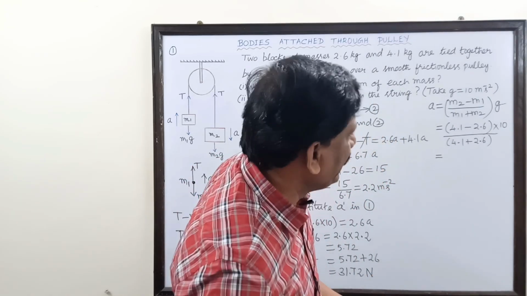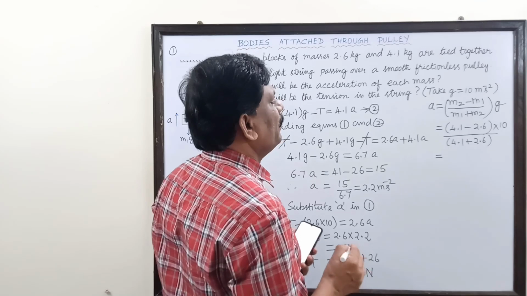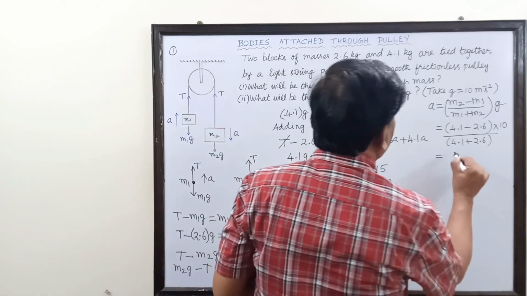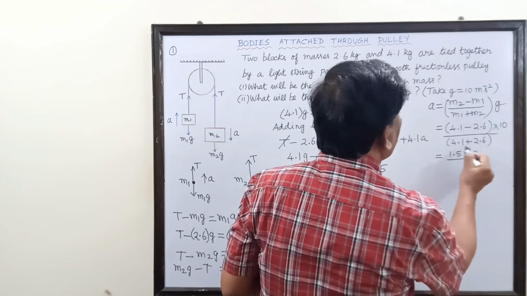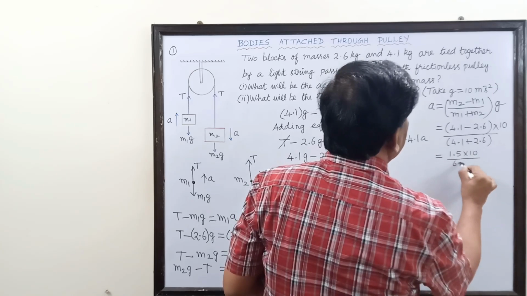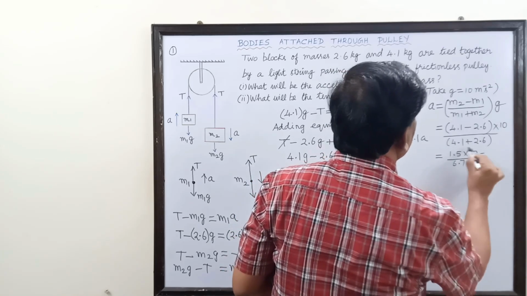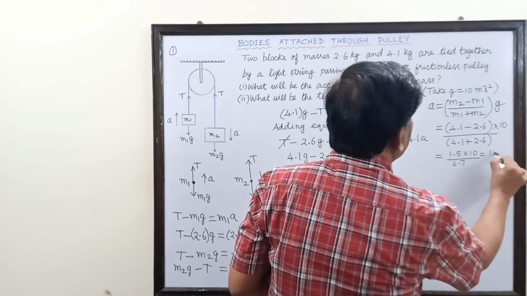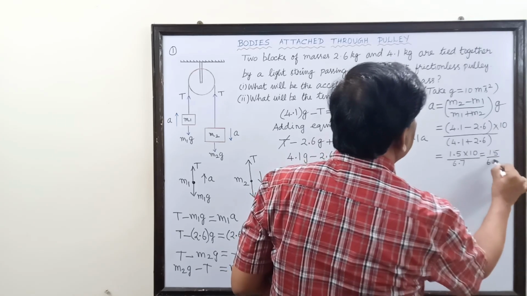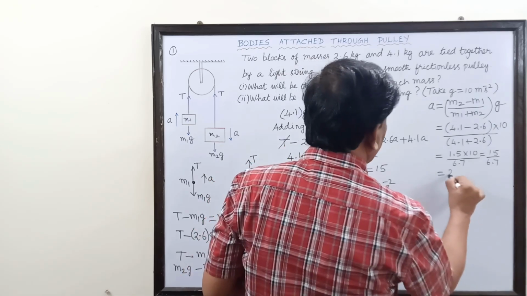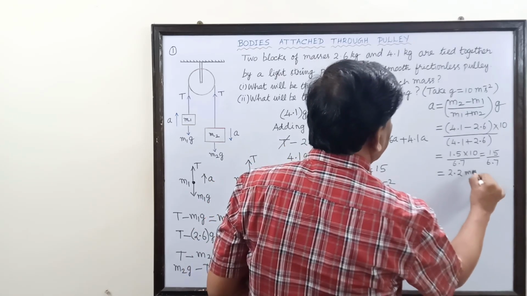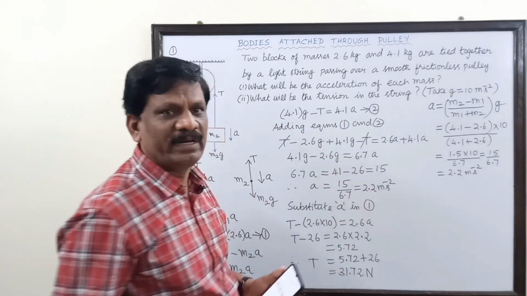So 4.1 minus 2.6 is 1.5, so 1.5 into 10 is 15, divided by 6.7. This will be equal to 2.2 meter per second square. So we will get the same answer only.